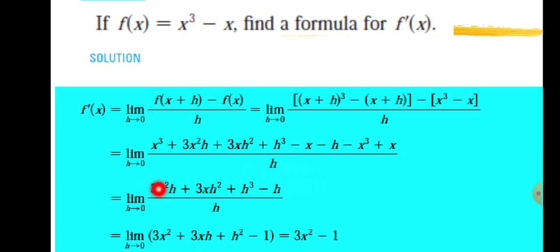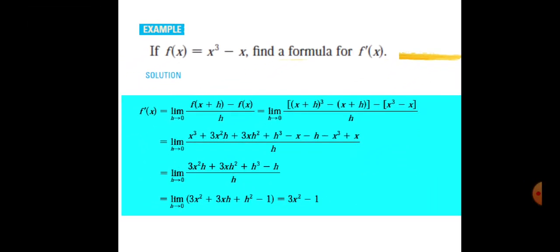As we can see here, h is a common factor, so we can take the common factor, or divide this expression by h. So we have 3x squared plus 3xh plus h squared minus h. Find the limit when h approaches 0: substitute h equals 0, so we have 3x squared minus 1.